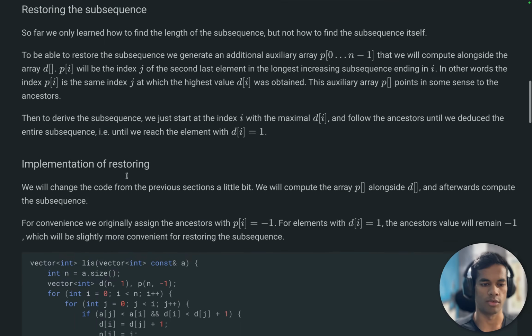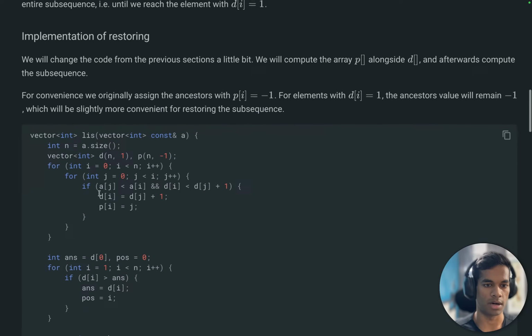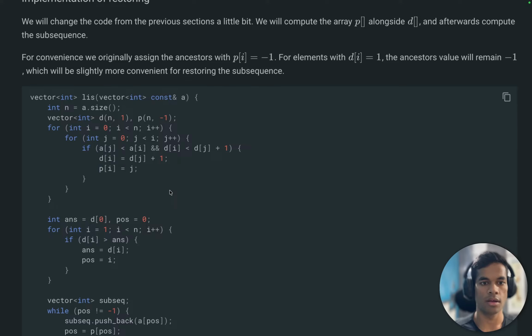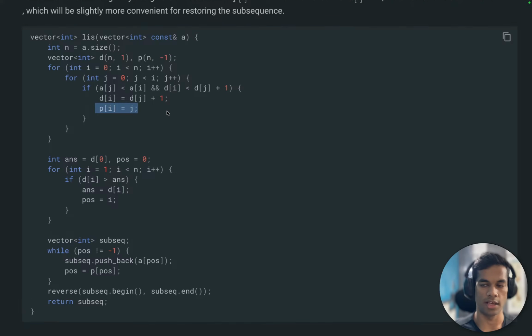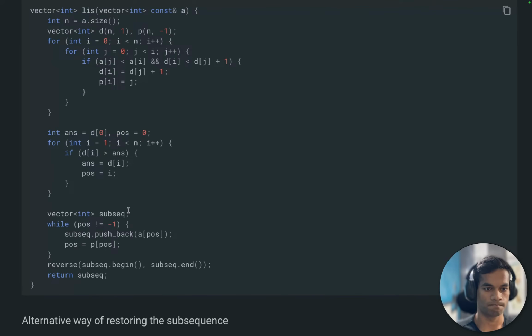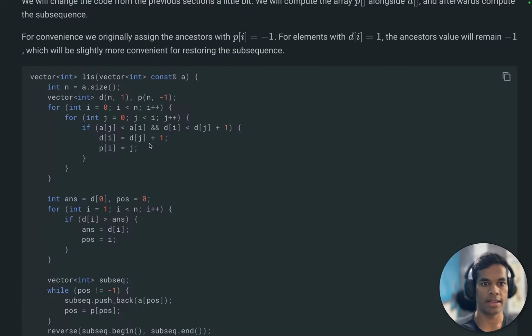Restoring the subsequence: we can also restore the subsequence by keeping track of which j we are pairing this current number with. And then when we know which di is maximum, we keep the answer position, as in the position.